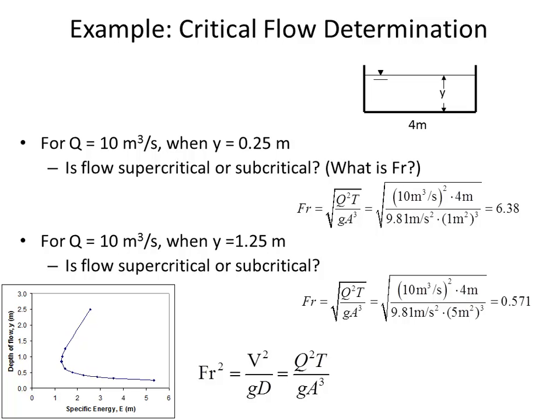Any questions or comments about this? Where would we be concerned with the lowest specific energy in the real world? When water is moving along and it encounters an obstruction. Ordinarily it would be flowing this deep, but then it comes to an obstruction, the water will pool and a little bit will go over.